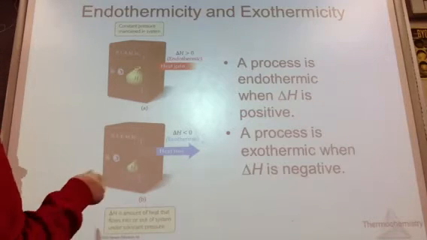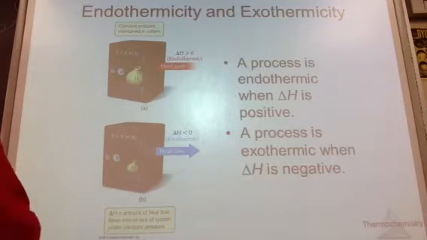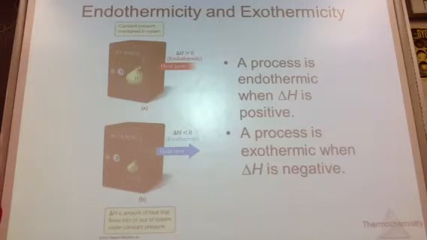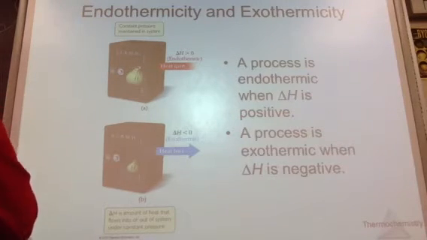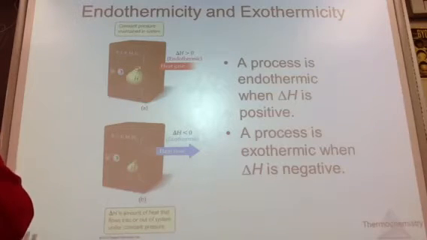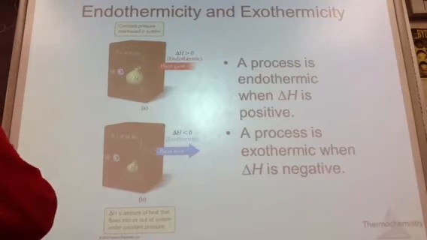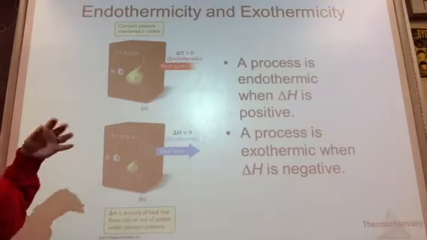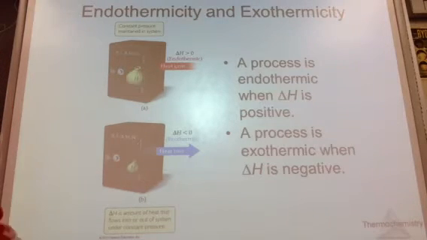A process is exothermic when delta H is negative. So if my change in enthalpy is negative, that means that my system is losing some type of heat or energy. So in that case, Mama needs to go shopping for herself and baby Ella, so she's got to take some money out of the bank. So we can use the terms endothermicity and exothermicity with change in enthalpy, because change in enthalpy is really just trying to calculate that heat flow.